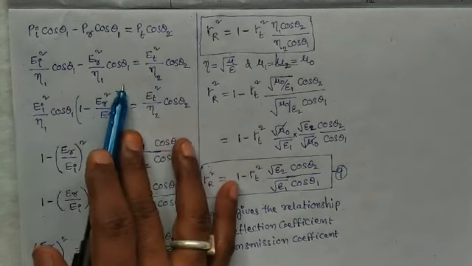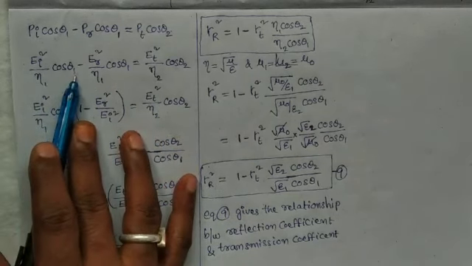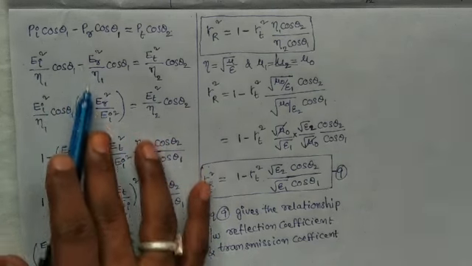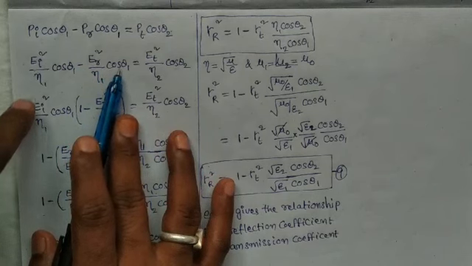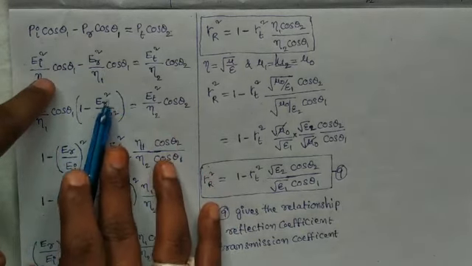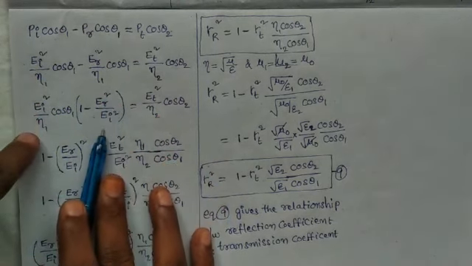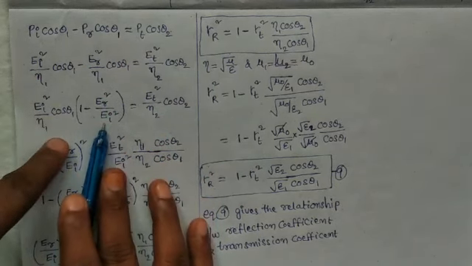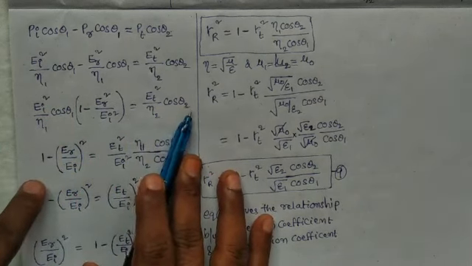In the first two terms we take Ei square by eta 1 cos theta 1 common. The remaining term in the first is 1, and in the second, Er square by Ei square, which equals Et square by eta 2 cos theta 2.